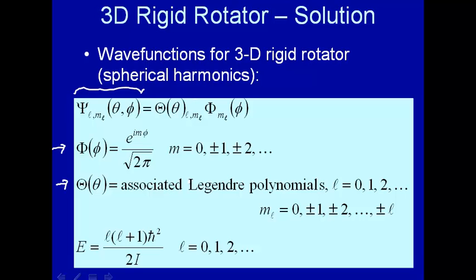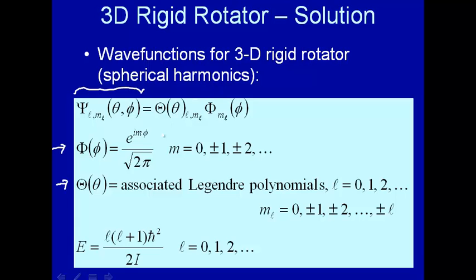And what is interesting about this is that each one of these functions has associated with it a quantum number. The phi quantum number is m sub L, and the theta quantum number is L. But this theta depends not only on its own quantum number L, but on the quantum number m sub L of this function here.